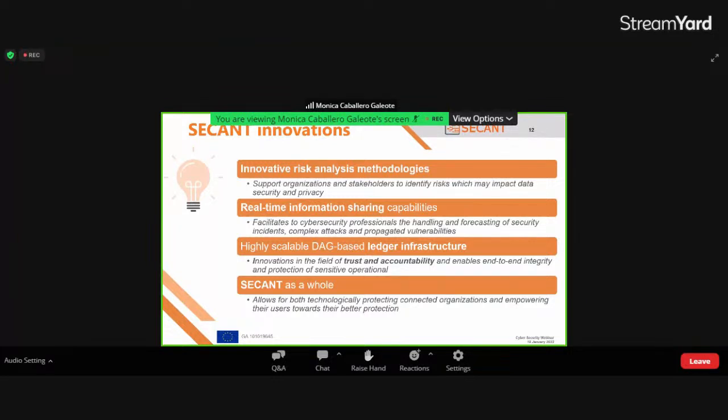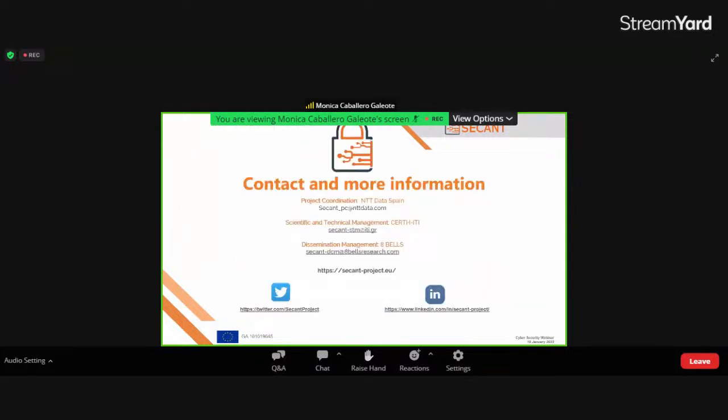We are close to having a first version of all of them in 1-2 months, and we are now working on the planning to integrate them in a single platform, as well as defining and planning the pilot execution that will start early this year. So this is everything I wanted to explain to you right now. I'm open to any kind of question.